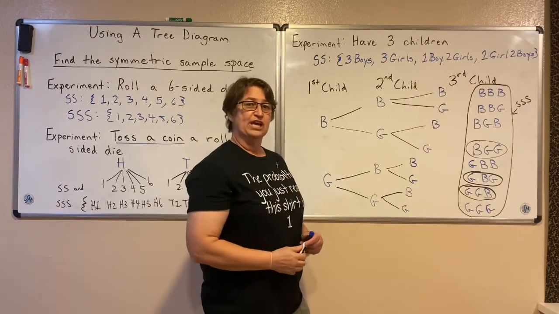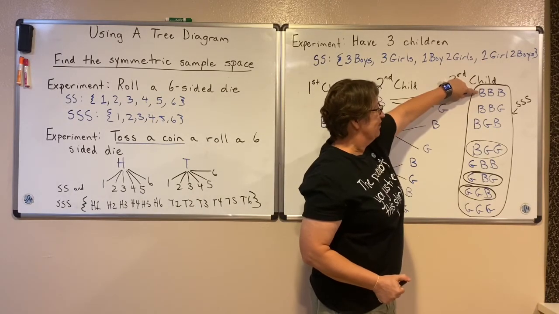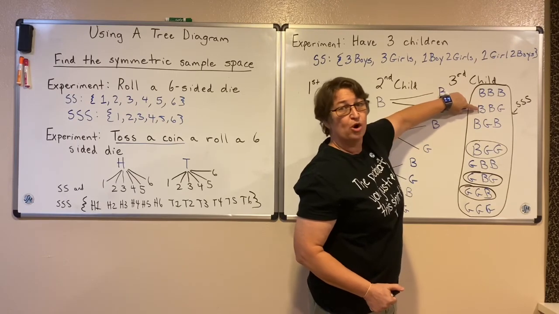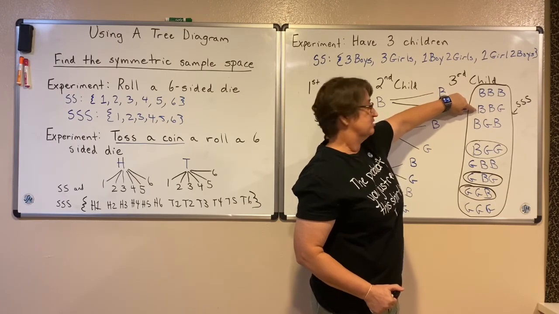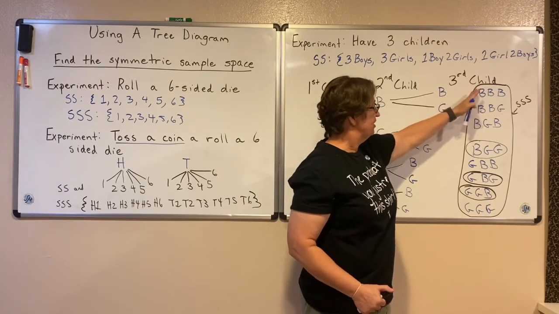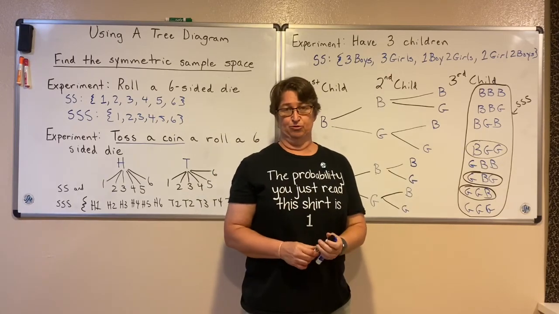All of those are equally likely now. Now it's just as likely I have a boy, a boy, a boy. That's just as likely as me having a boy and then a boy and then a girl. That's just as likely as me having a boy and then a girl and then a boy. So this is my symmetric sample space, or my equally likely sample space.